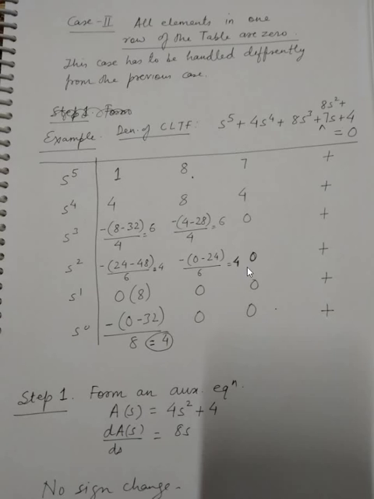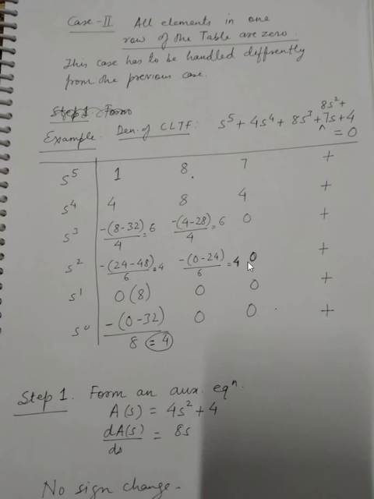Using these entries you will form an auxiliary equation. And how will you form the auxiliary equation? 4s square, and since this is an even row, 4s square plus this will be 4, s to the power 0. So this is the auxiliary equation I have formed.